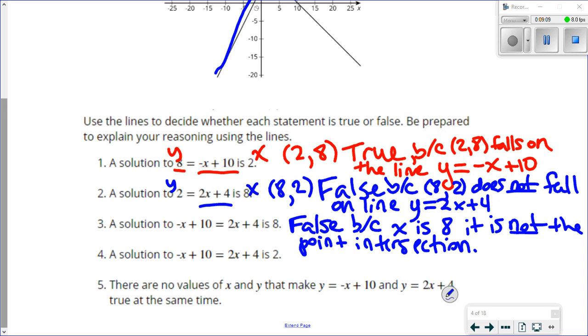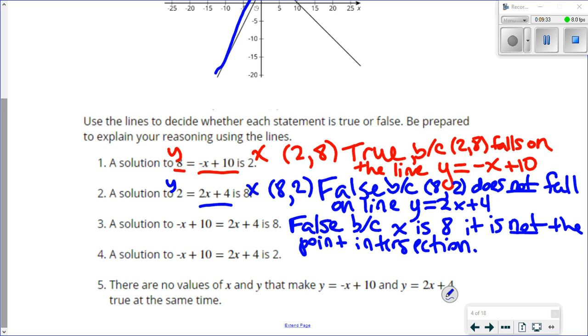Now they ask in question 4, is 2 a solution to the following equation? Negative x plus 10 equals 2x plus 4. So again, they took the two equations from our system and set them equal to each other. So again, that tells me they're looking for the intersecting point, which would make both equations true in the system.